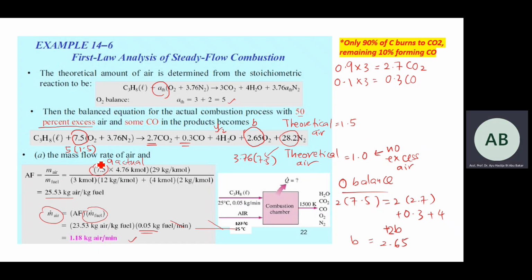Mass flow rate of the air, so it means m dot air. We can get it from the AF equation. We know AF is m air over m fuel.